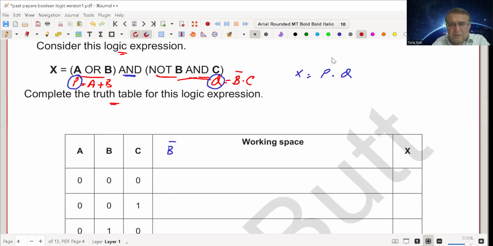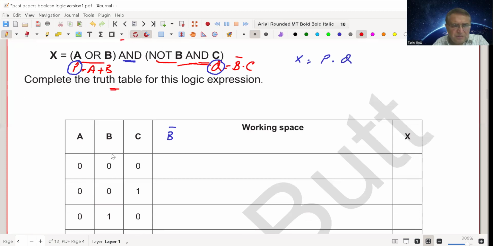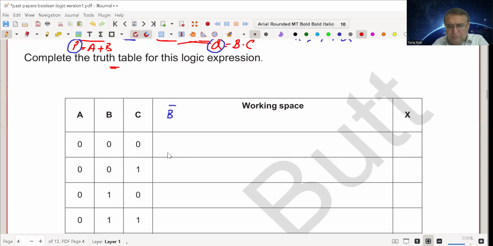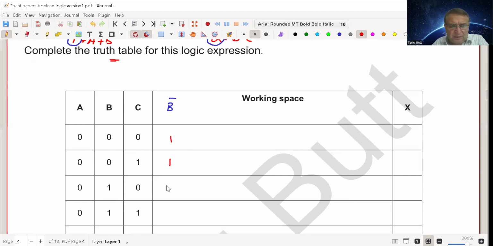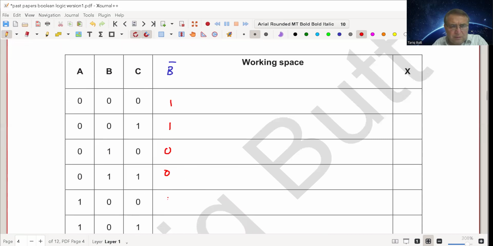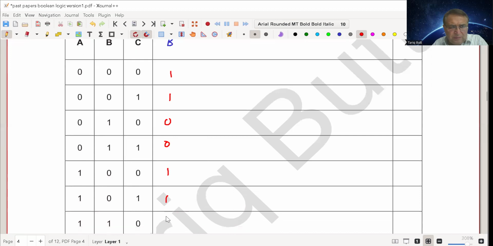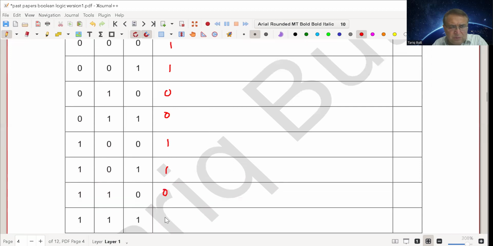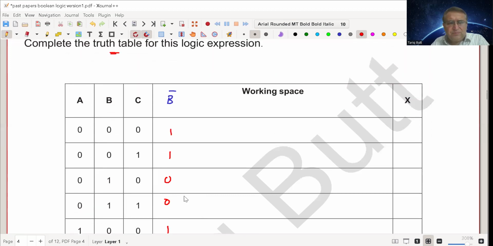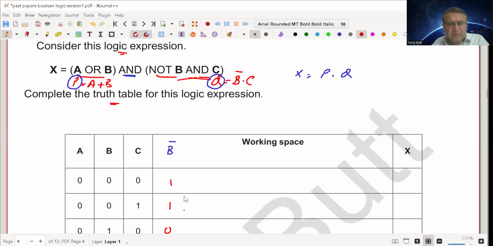B prime is just NOT of B. So where B is 0, B prime will be 1, and where B is 1, NOT of B is 0. So it is 1, 1, 0, 0, 1, 1, 0, 0. So this is NOT of B, just B prime.